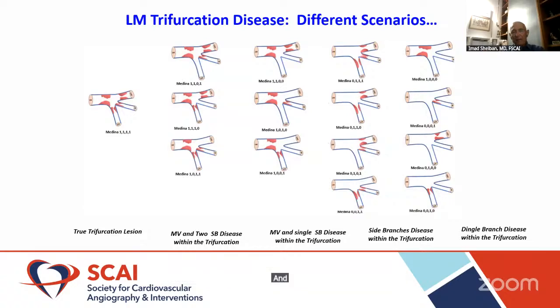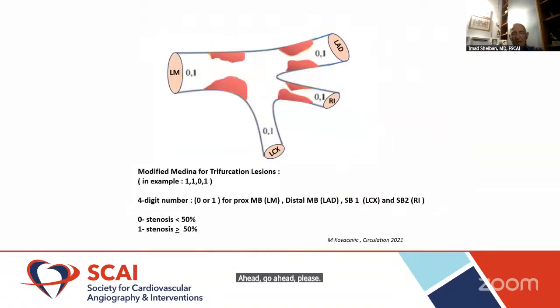And this is how we can define, according to the Medina classification, the distribution of plaque in trifurcation disease. This was proposed by Kovacevic about 4 years back.